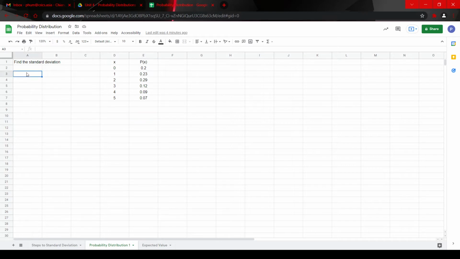So the first step, as we talked about, is find the mean. So how do we find the mean? Well, first we multiply each random variable by its probability, right? So x times the probability of x. So this would be my column D2 multiplied by this cell E2.